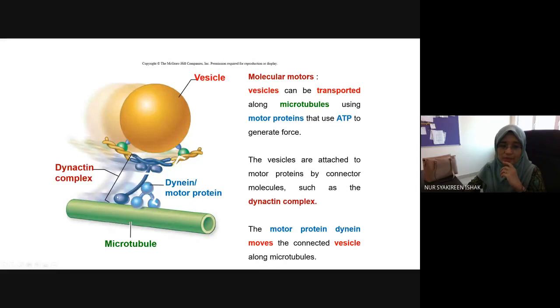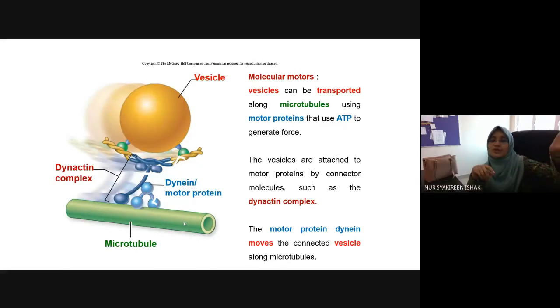An example of a connector molecule is the dynactin complex. And then the motor protein dynein moves the connected vesicles along the microtubules. Okay, so microtubules ni dia bertindak sebagai track, for example, to move vesicles from one region to another region within the cell.